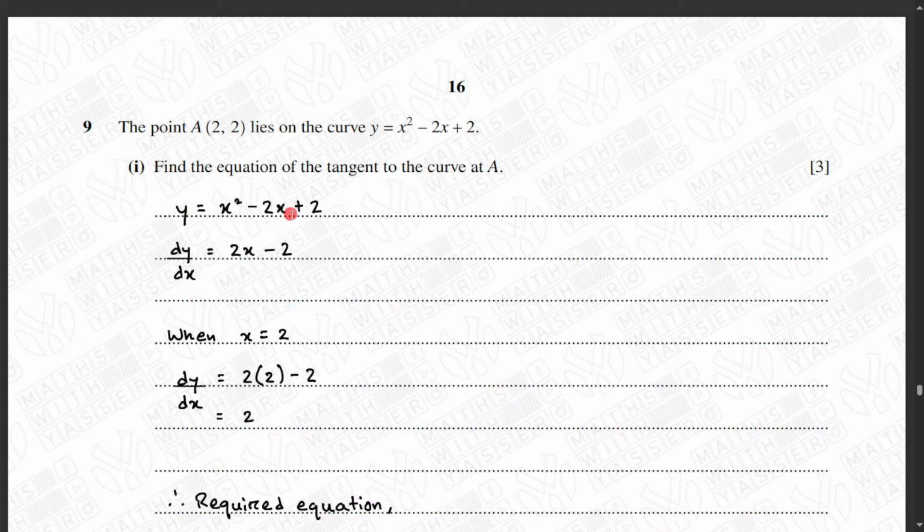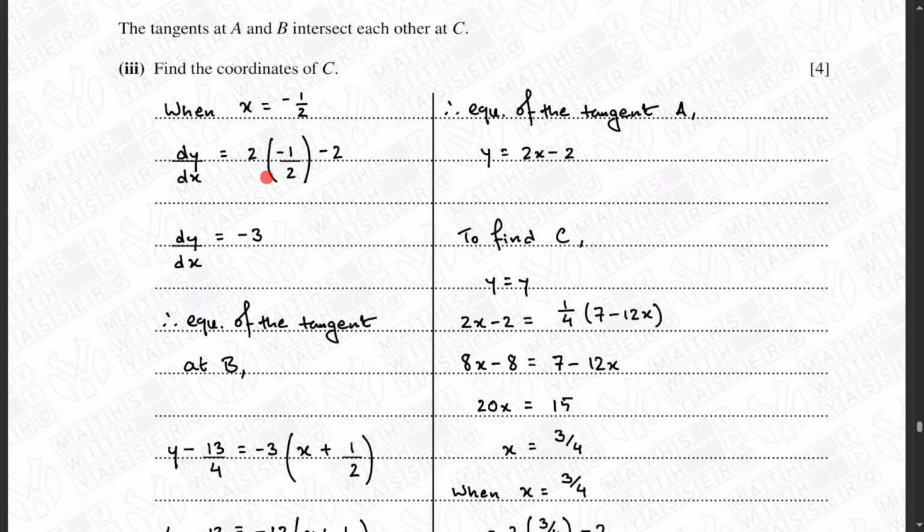As you can see, when we differentiated this equation y is equal to x squared minus 2x plus 2, we got the equation of the gradient. So 2 times minus half minus 2 will give us minus 3, and this is the gradient of the tangent at the point B.